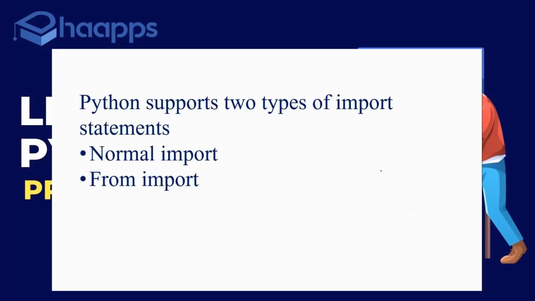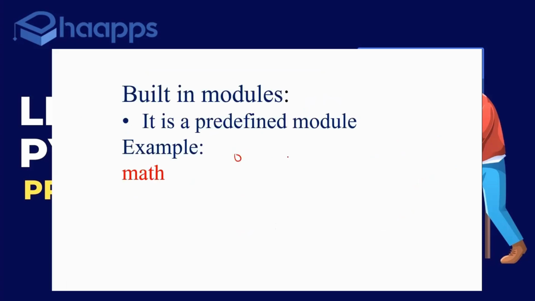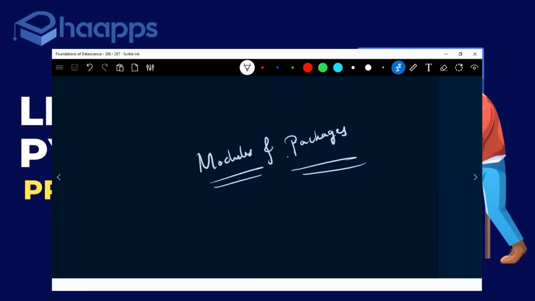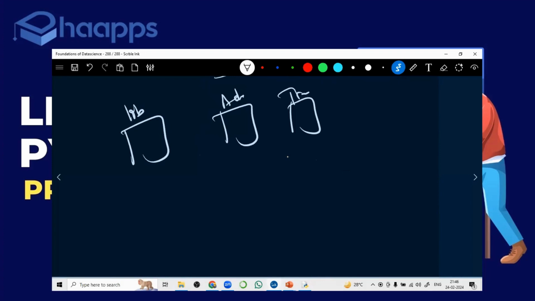Now, I'll give you one example. For example, you have a college management project. In the college management project, you have multiple departments: library department, administration department, transport department, canteen department.